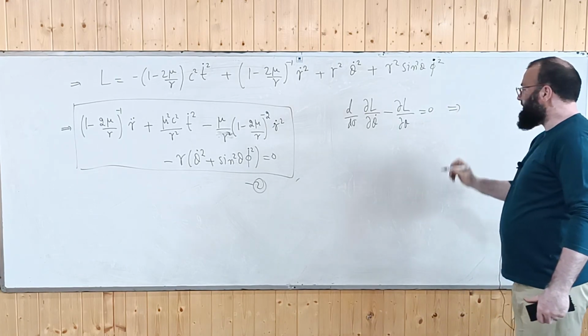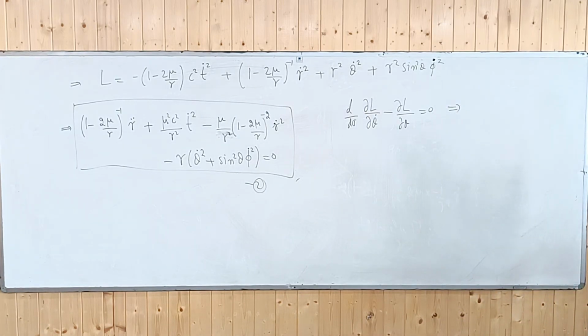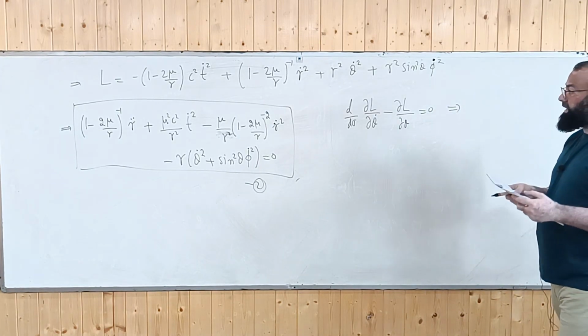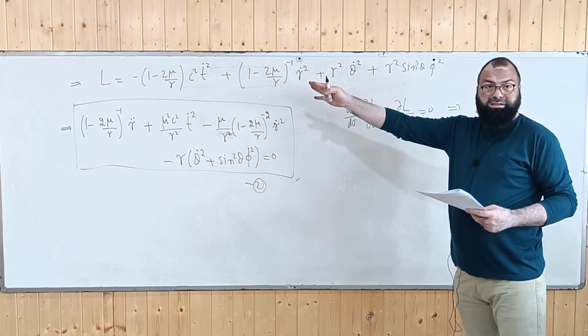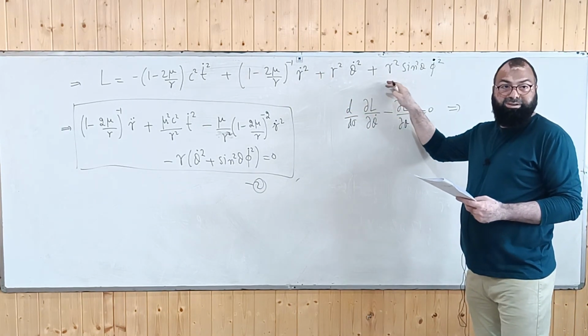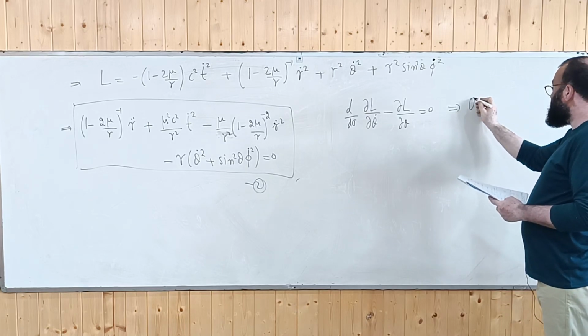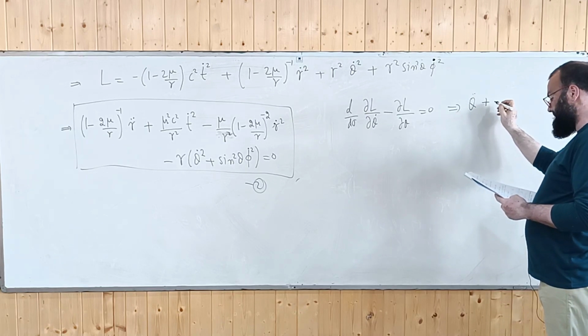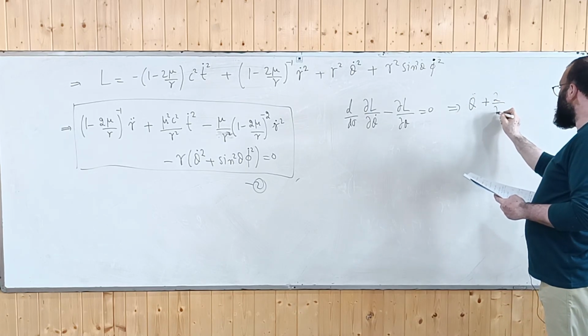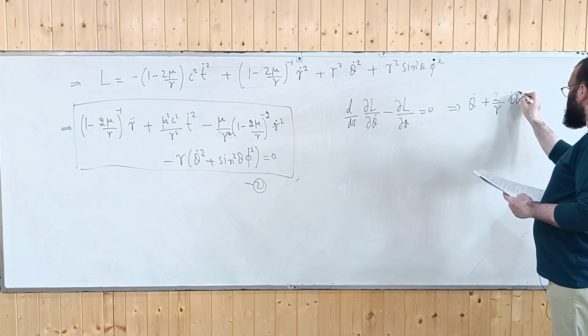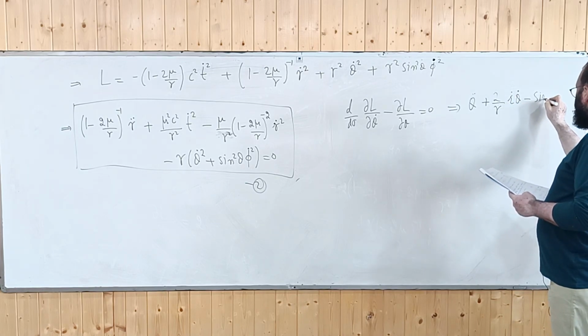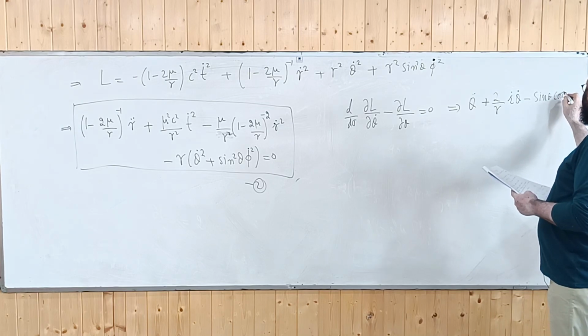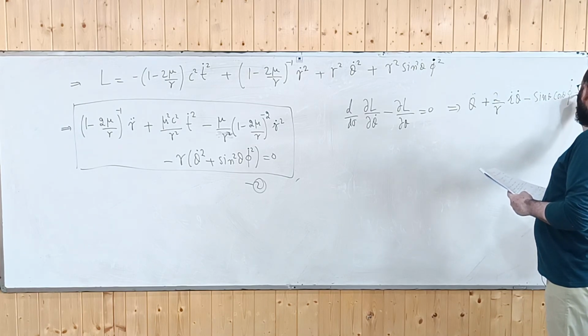So this yields theta double dot. Where is the theta? The rest will not contribute, only these will contribute. So it will be theta double dot plus 2 by r r dot theta dot minus sine theta cos theta phi dot squared is equal to 0.